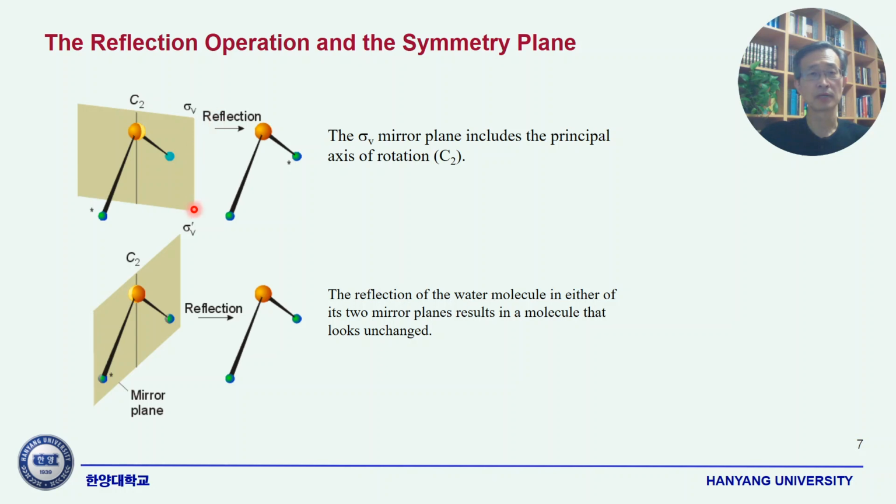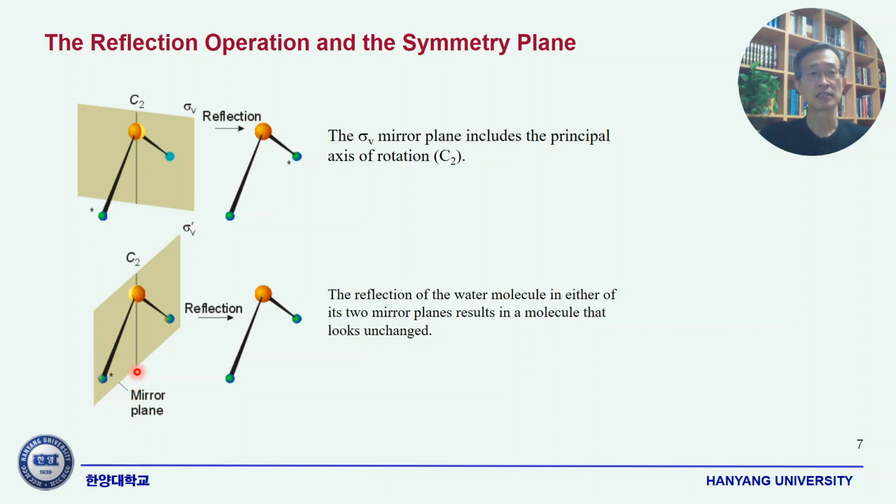We call this the sigma vertical plane, so sigma V plane. If you reflect against this sigma V plane, this dot moves there. So the sigma V plane includes the principal axis of rotation C2.